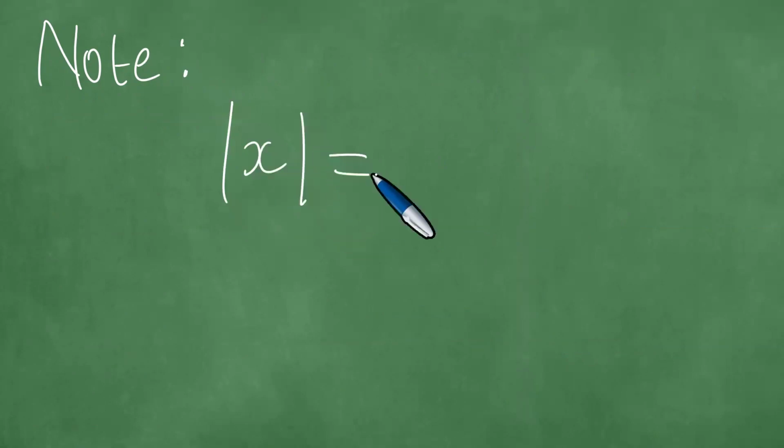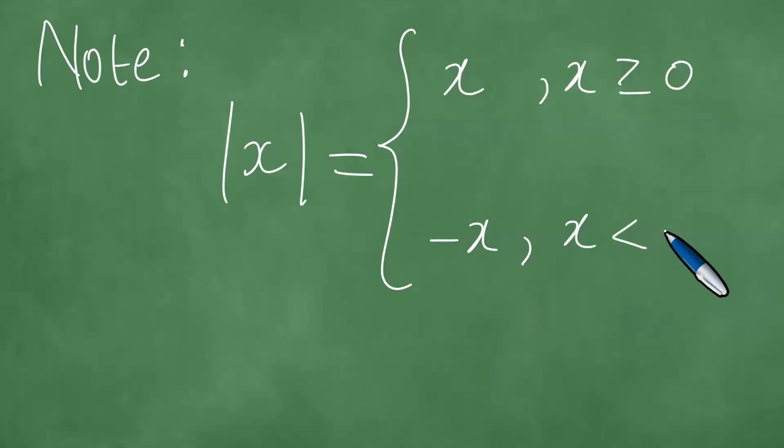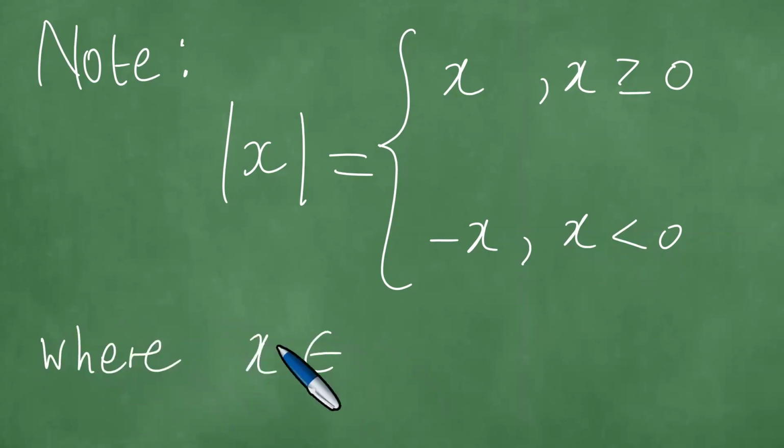The absolute value of x is x when x is greater or equal to 0, minus x when x is negative, where x is an element of the set of real numbers. Okay, this is the definition of the absolute value for any real number x.